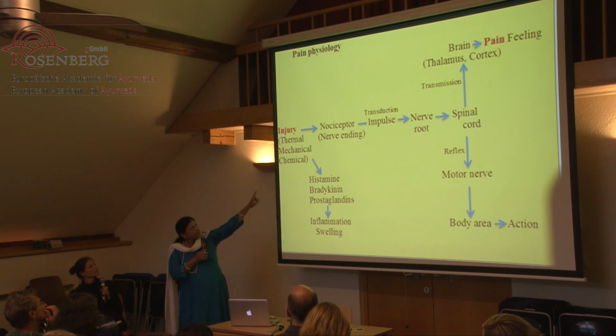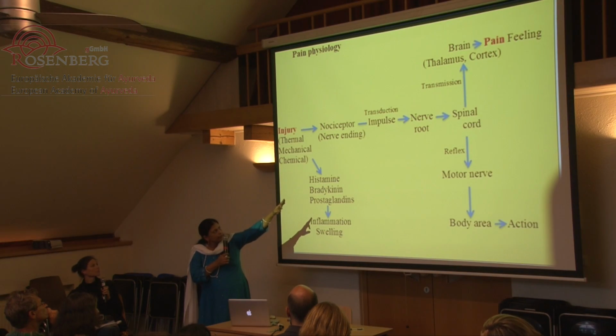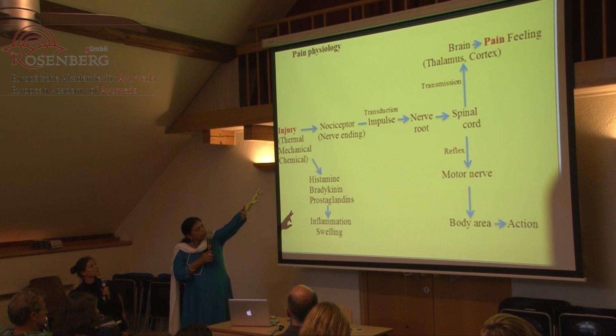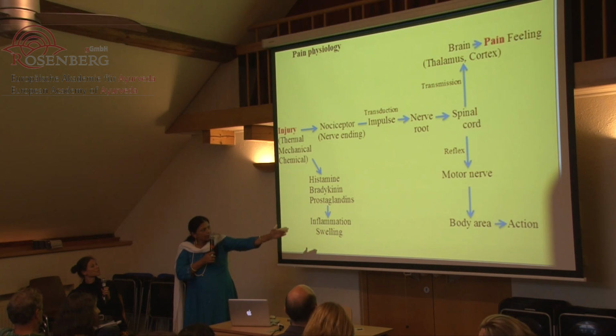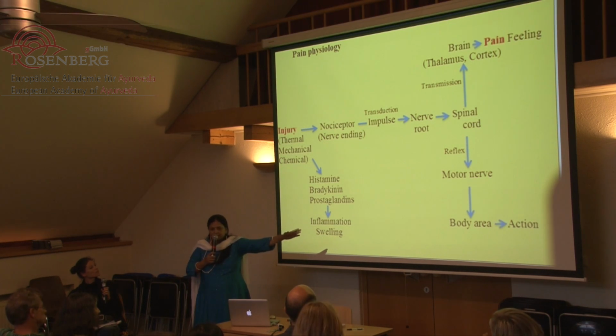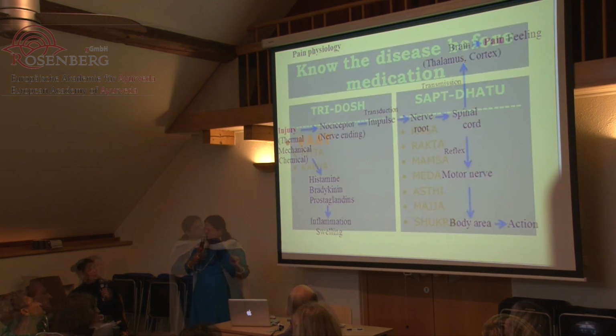The second is through the nerve endings, where an impulse goes through the nerve roots to the brain, where in the thalamus there is a pain feeling, and through the spinal cord and motor nerves, that pain is felt at the body level.